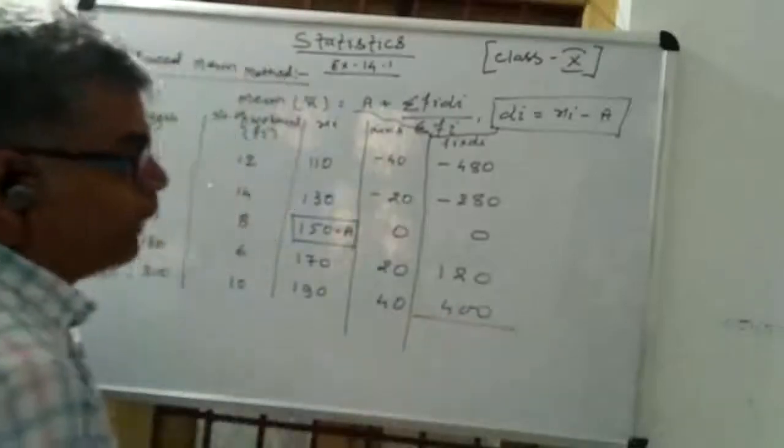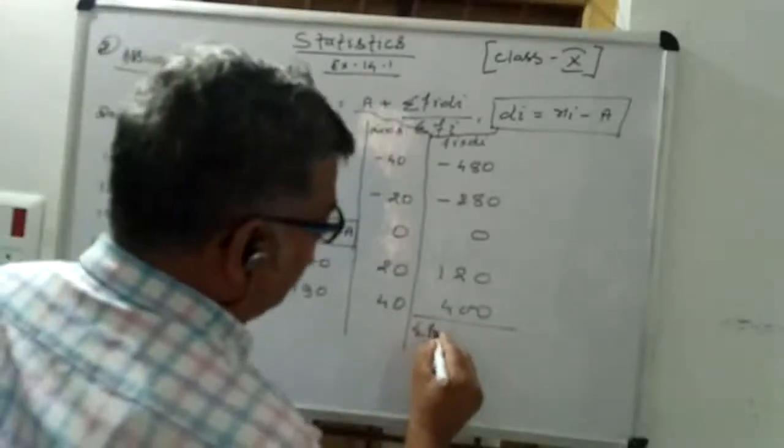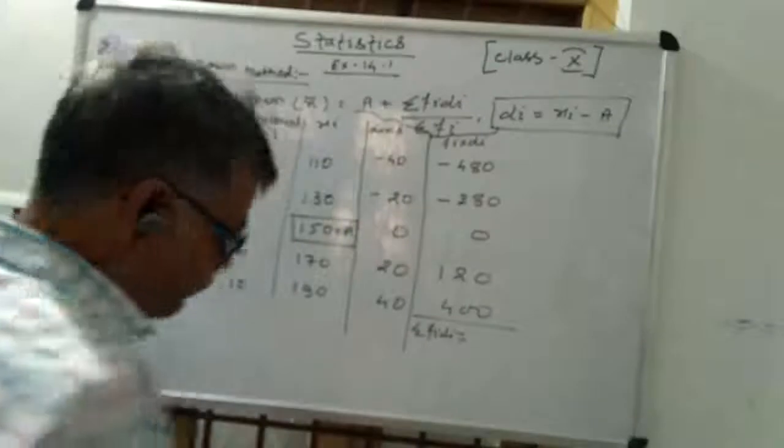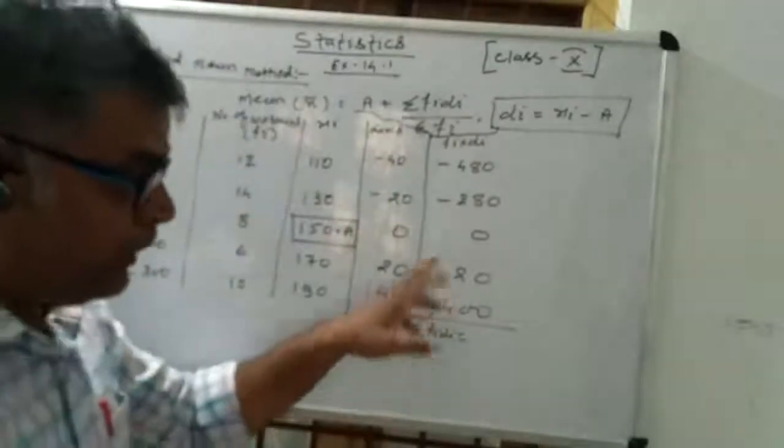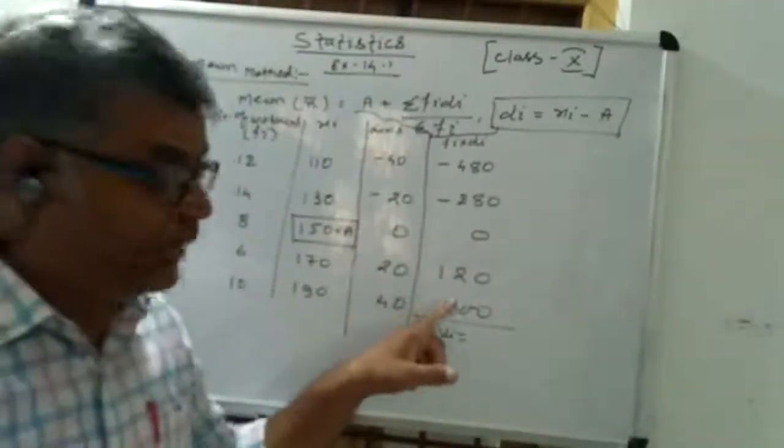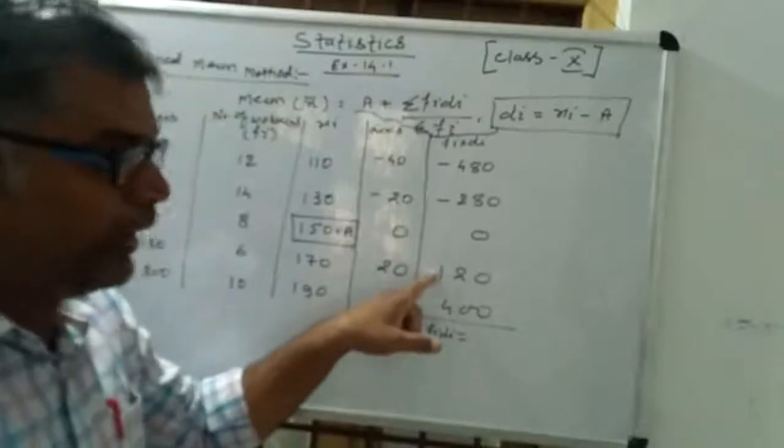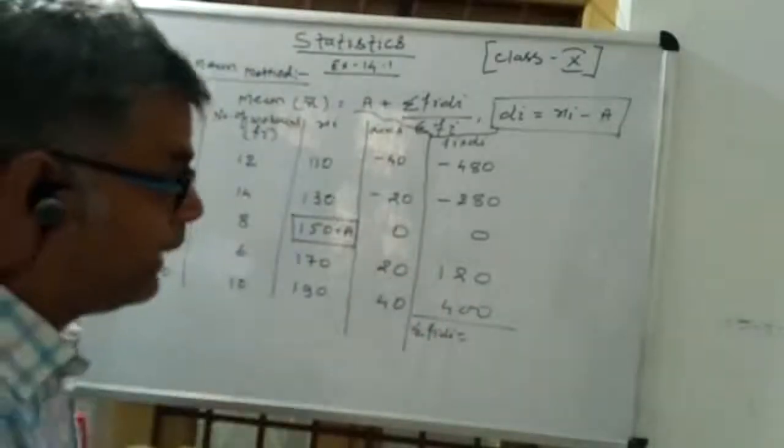Now you calculate the sum of fi di. First add the positive numbers, 400 plus 120, that is 520.